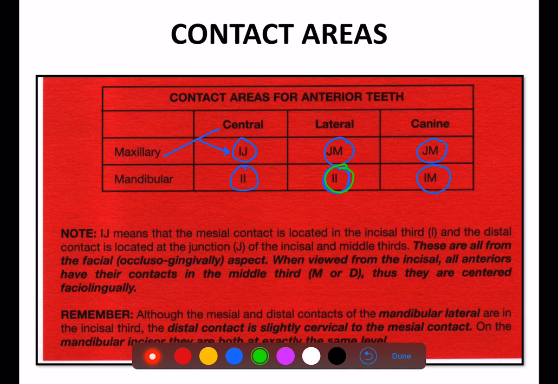So both are incisal only, but at a microscopic level, the distal contact is slightly cervical to the mesial contact. Whereas on the mandibular central, both are located at the same level. But in this, both are incisal only, but the distal contact is slightly apical.